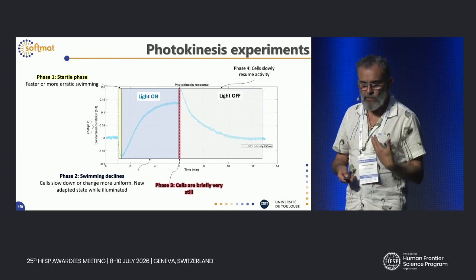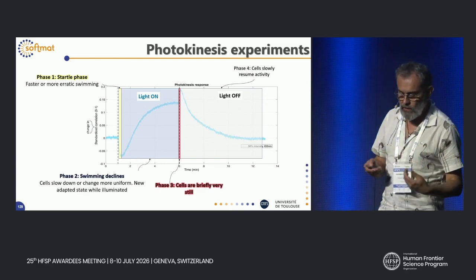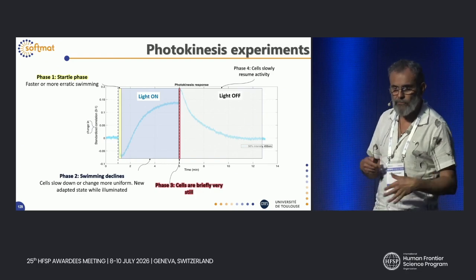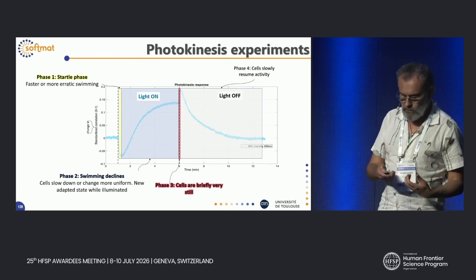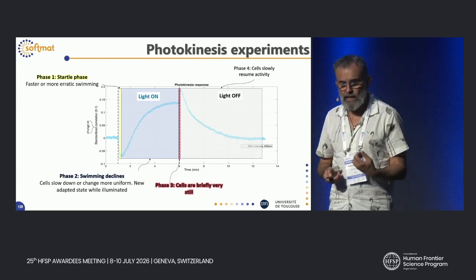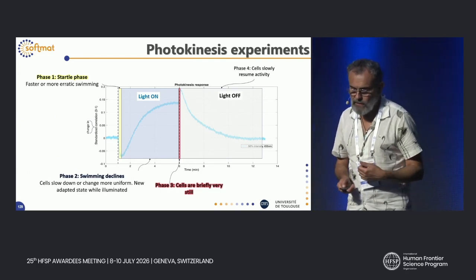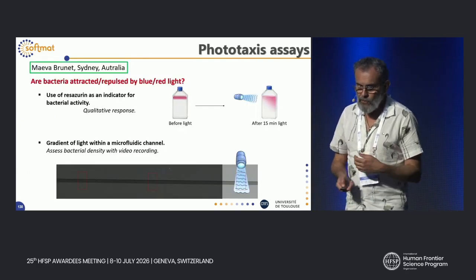And you see when you apply the blue light, the bacteria tend to freeze. Then when you switch the light off, the bacteria return to their original motion. So here we have a proof that bacteria could sense blue light, and these bacteria are the ones that may participate in the phycosphere.